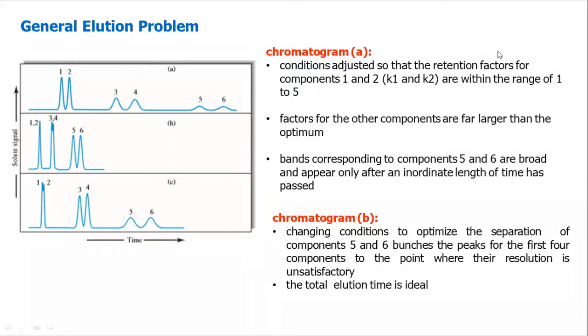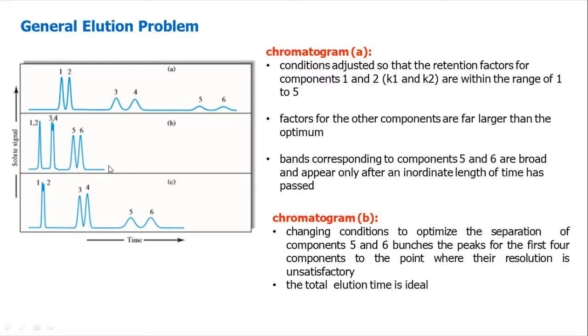In chromatogram B, changing conditions to optimize the separation of components 5 and 6 bunches the peaks of the first four components to the point where their resolution is unsatisfactory. The total elution time is ideal. So for chromatogram A, makita ninyo nga taas nga time iyaha nga gi-require.